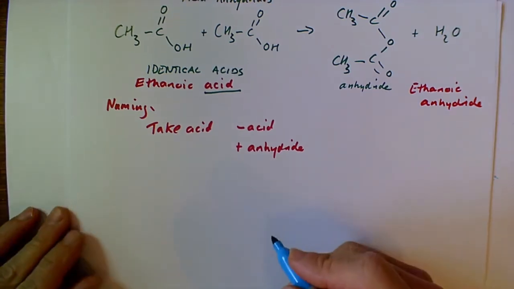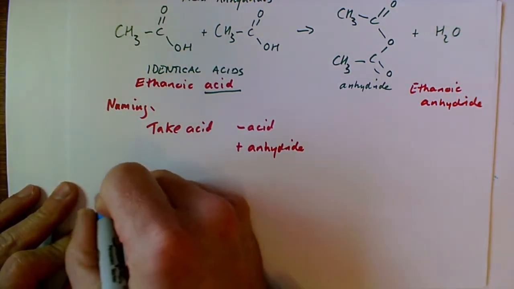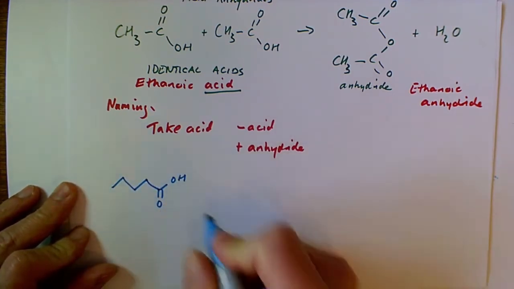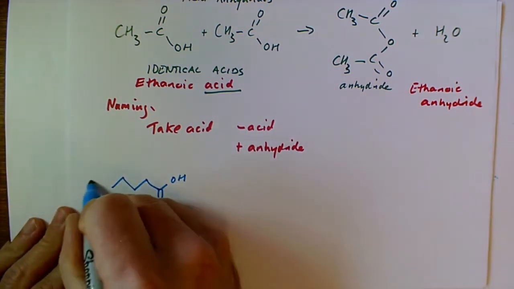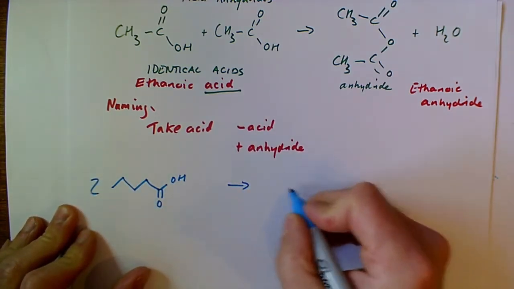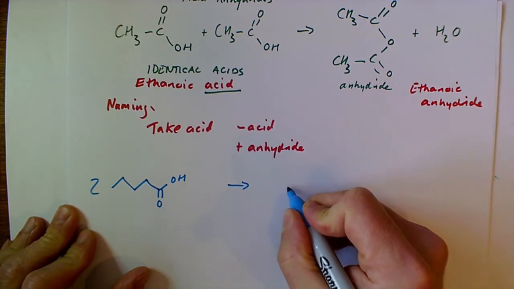So, quick another example. So let's go and take something a bit crazier out. Okay, I'm going to have two of these. I'm going to react them. So what am I going to form?